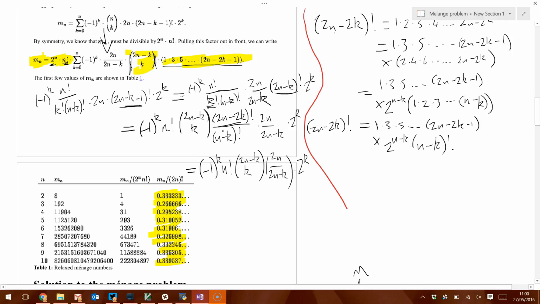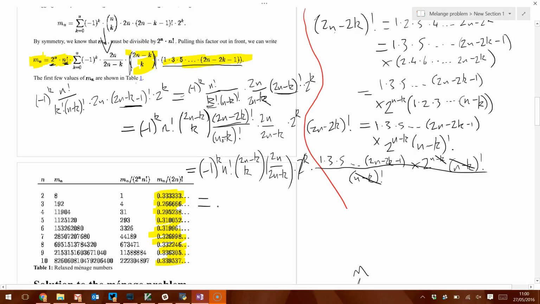Right, and now I've just got to write out this thing times, so that's 1.3.5 up to 2k minus 1 times 2 to the n minus k factorial, all divided by n minus k factorial from there. So that cancels, 2 to the k times 2 to the n minus k leaves me with just 2 to the n at the end. So I've got my thing.